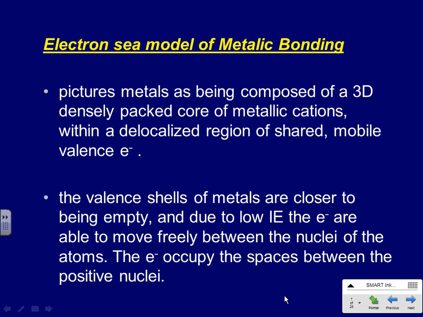From one end of a piece of metal to the other end of the piece of metal is one giant bond that extends from one end to the other that electrons can actually flow through at will. They kind of bounce around between the nuclei. So here's the way we consider it.